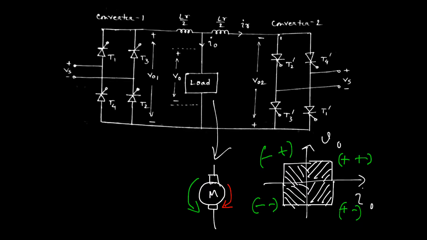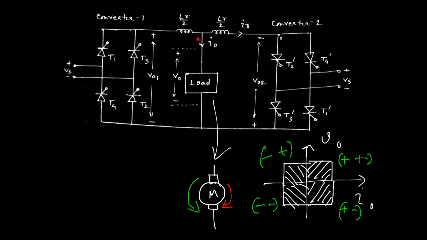That is why the load current may be zero, but a circulating current starts flowing between the two converters, and this circulating current can be limited by this reactor that is defined by LR. Both parts are adjusted in a similar way, suppose LR by 2 for converter 1 and LR by 2 for converter 2.